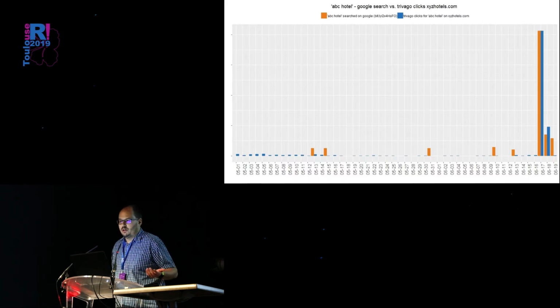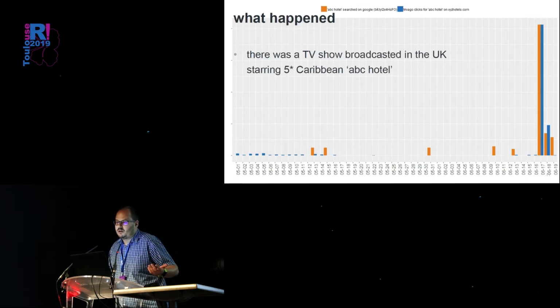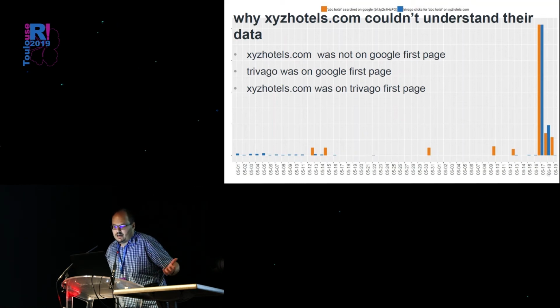So what happened actually? There was a TV show in the UK about this hotel. Then 15,000 people, mostly from Scotland, went to Google searching for this hotel, then 2,000 clicked on Trivago, and 1,000 clicked on xyz.com. And because they were from Scotland and this hotel is in Caribbean, they didn't book the same day.